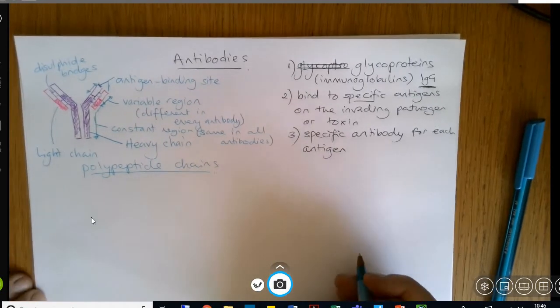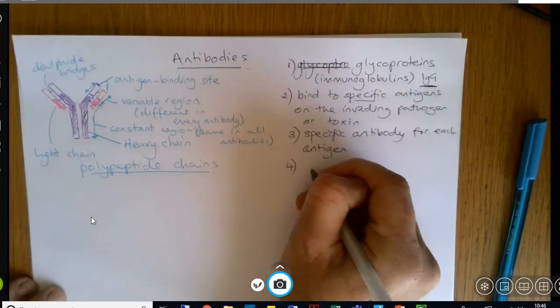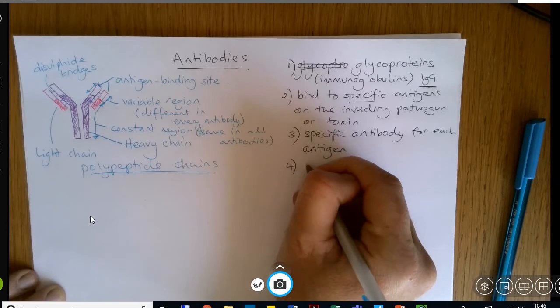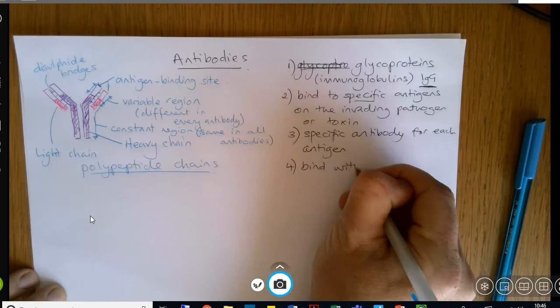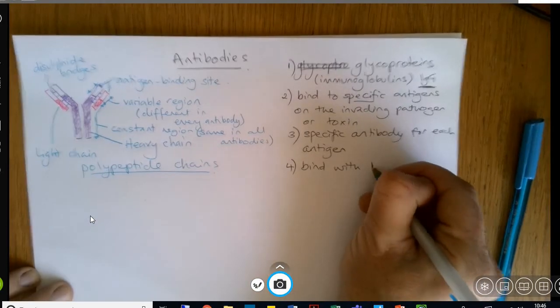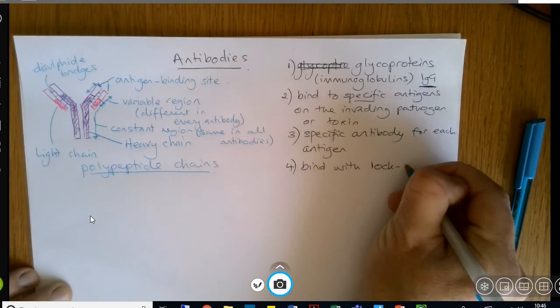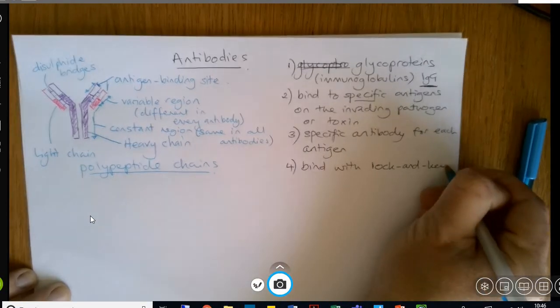Now the way they work, very simply, and we'll go into a little bit more detail in a moment, is that they bind, similar to enzymes, with a kind of lock and key mechanism.